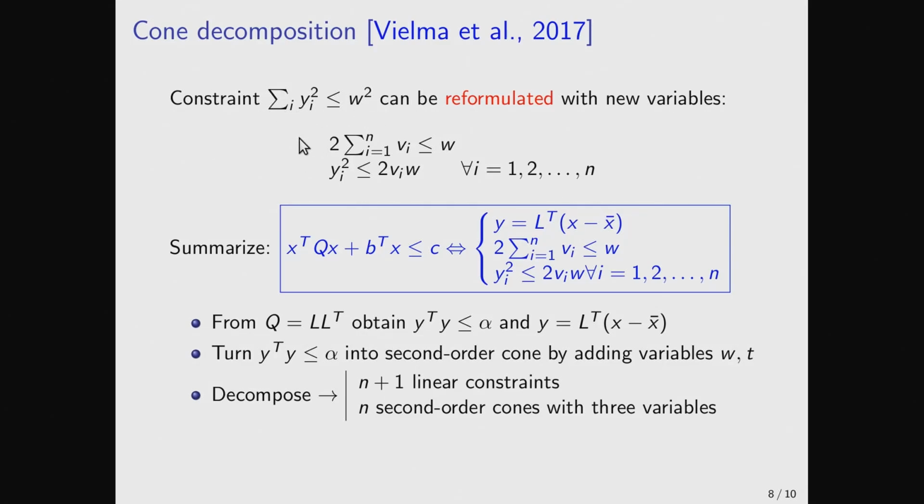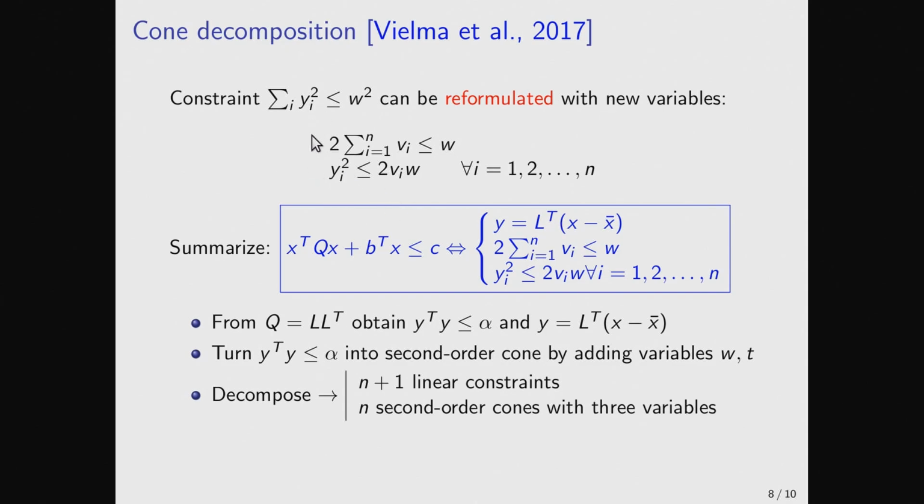Now the cone is rewritten in a single linear constraint, 2 times the sum over vi variables less or equal than w. This is a linear constraint. And then you have as many small rotated second order cones for each of the n variables. And these new second order cones contain the new variable vi, but also the yi that was appearing in the original sum and the w that is appearing on the right-hand side.